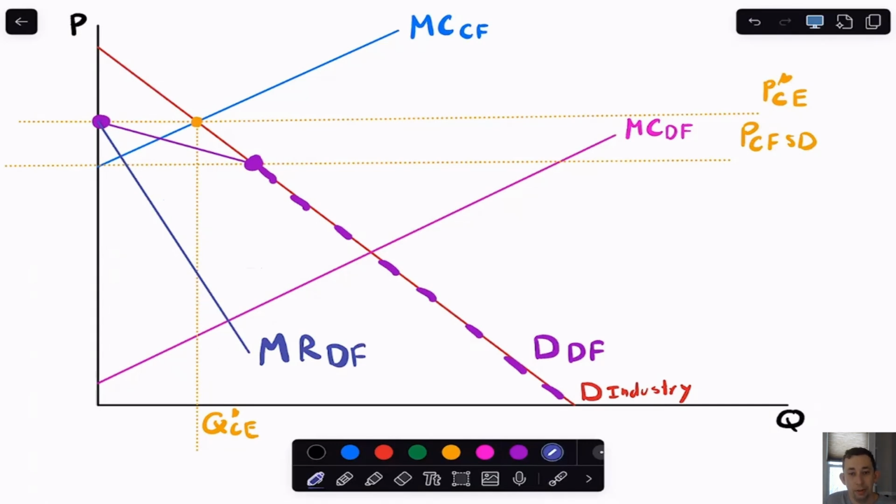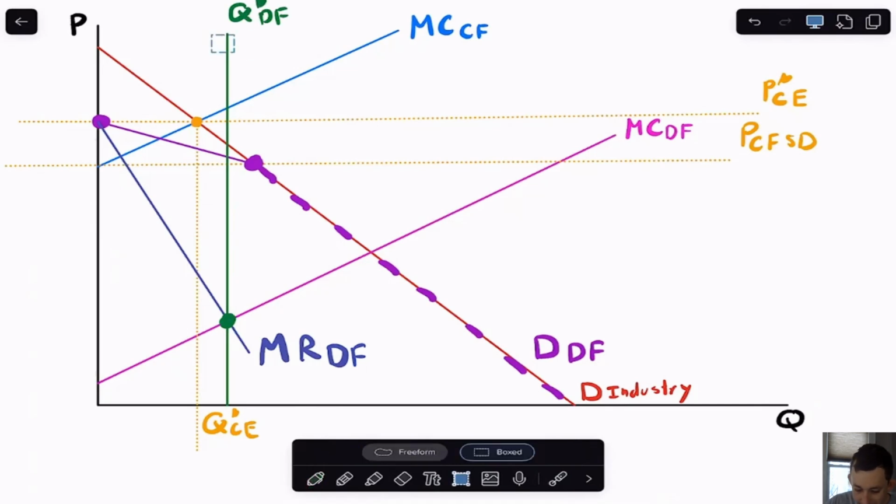Now we have everything we need to start thinking about the equilibrium price and quantity in this market. Specifically, how much is total quantity, how much is the competitive fringe supplying, and how much is the dominant firm supplying. I know that if I'm a price setter, I'm going to look where my marginal revenue is equal to my marginal cost. So we're going to have this quantity right here. I'm going to put this quantity up top because I have a little more room. So this is going to be Q star for the dominant firm.